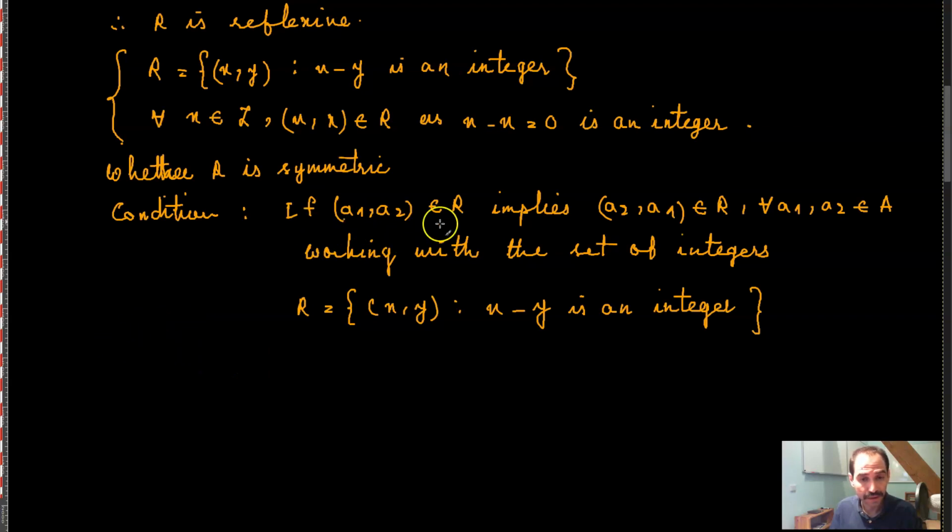so if I take this as an assumption that A1 comma A2 belongs to R, that implies that A1 minus A2 is an integer.